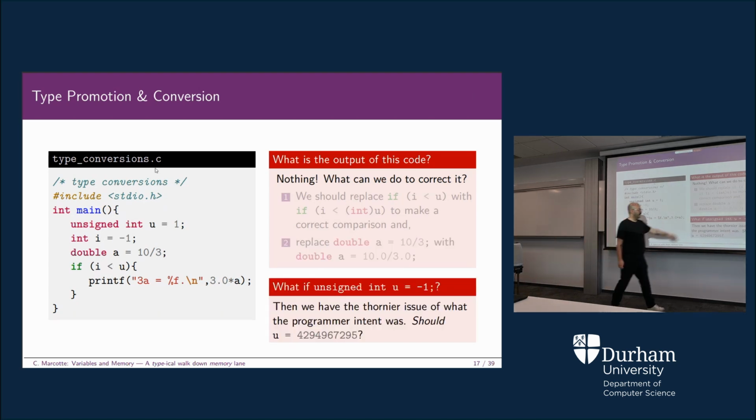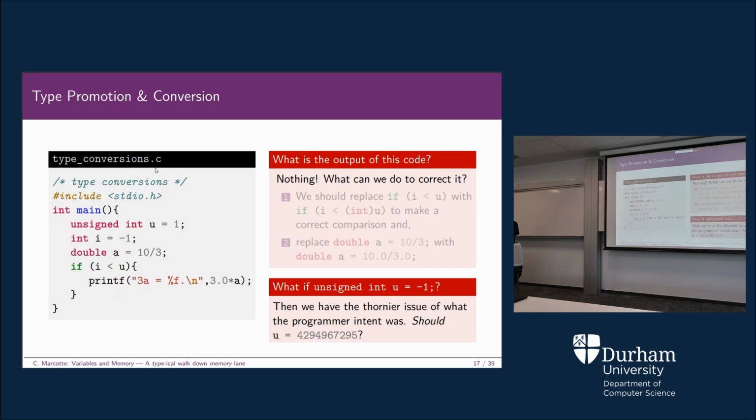What if unsigned int u is equal to minus 1 in this program? Say you've inherited this from some senior developer who's retired after 40 years. You've never seen this code before. This is a much thornier issue, right? Unsigned int u equal to minus 1, I'm pretty sure works if you compile and run it, but it will give you u equal to this large integer. You then have a thornier issue, which is what the programmer intent was.